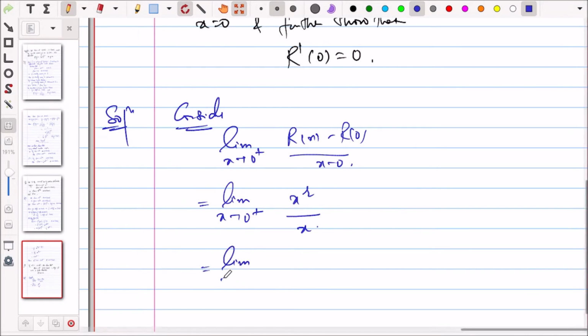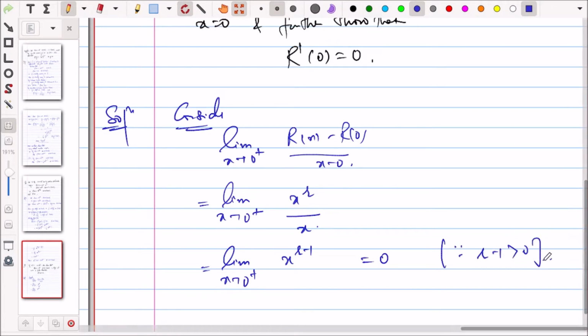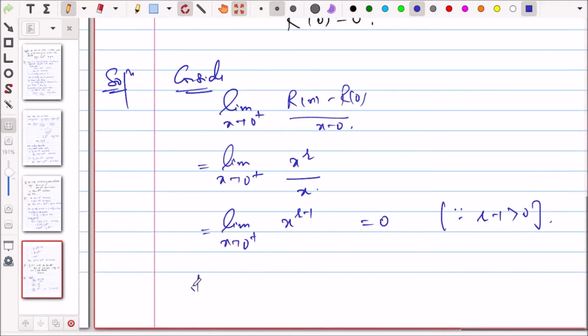So this is limit x tends to 0 positive of x to the power r minus 1. Now the power is positive, because r is greater than 1. So this will go to 0 since r minus 1 is greater than 0. Is it fine? Yes sir. So hence r dash 0 is equal to 0.